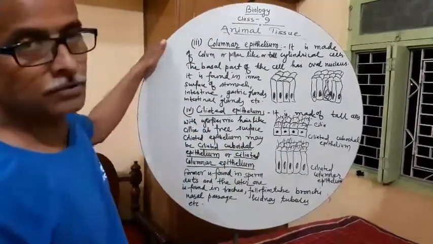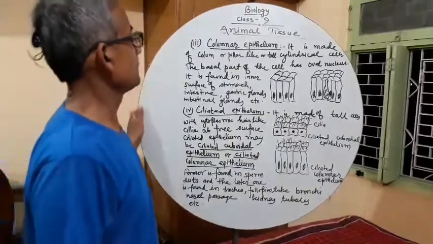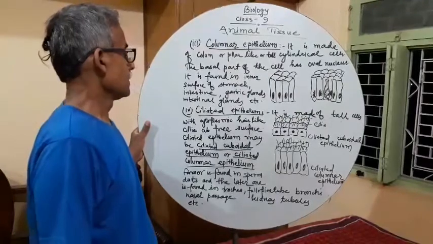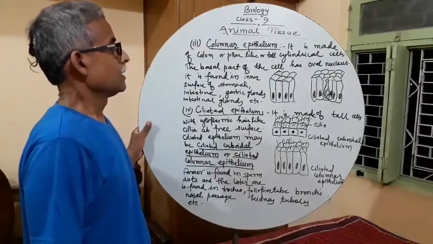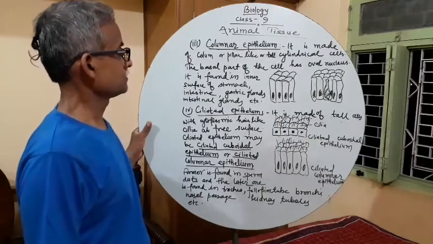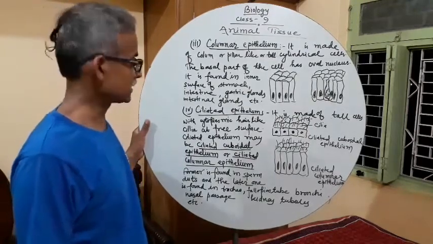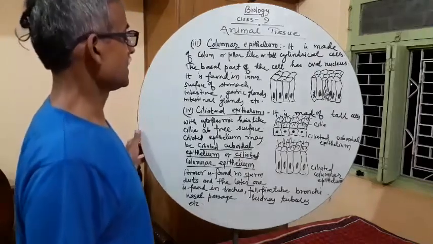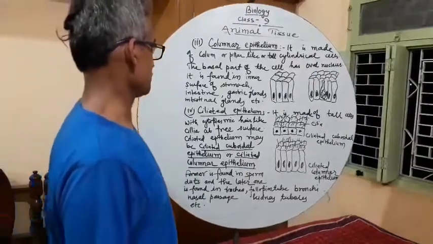The fourth type of epithelium is ciliated epithelium. It is made of tall cells with cytoplasmic hair-like cilia at free surface.